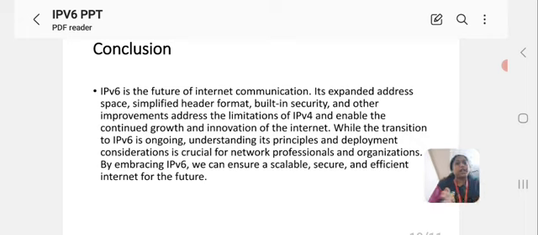Its expanded address space, simplified header format, built-in security, and other improvements address the limitations of IP version 4 and enable the continuous growth and innovation of the internet. While the transition to IP version 6 is ongoing, understanding its principles and deployment considerations is crucial for network professionals and organizations. By embracing IP version 6, we can ensure a scalable, secure, and efficient internet of the future.